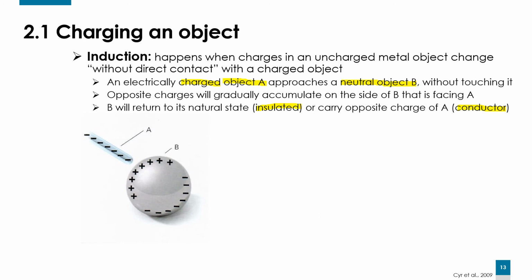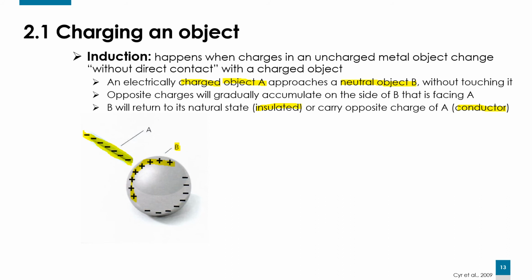Okay, let's explain with an illustration. If I have a neutral object here, B, and I bring close a negative charge object A, what's going to happen to this neutral B? If this A has negative charge, it will attract all the positive charge of B for that side.